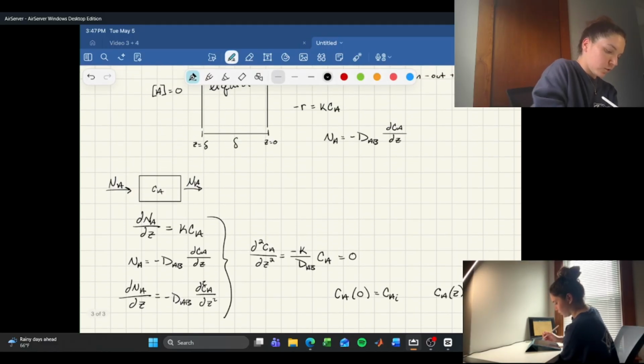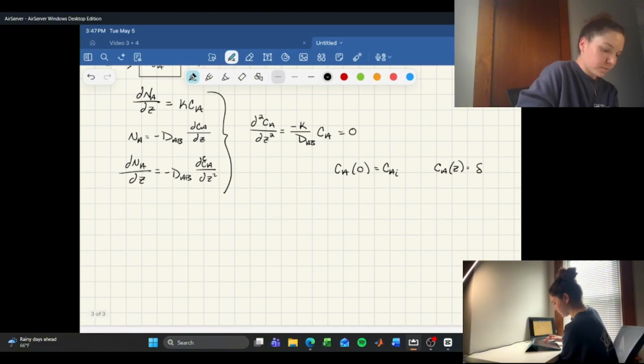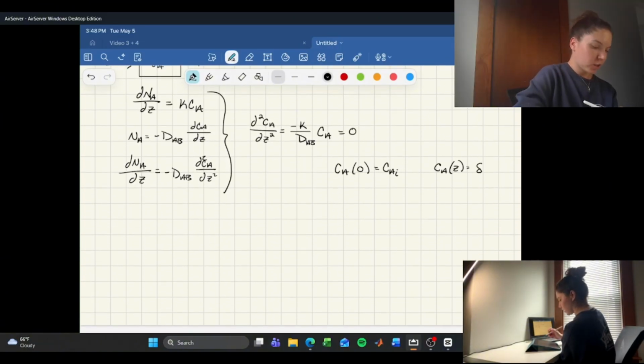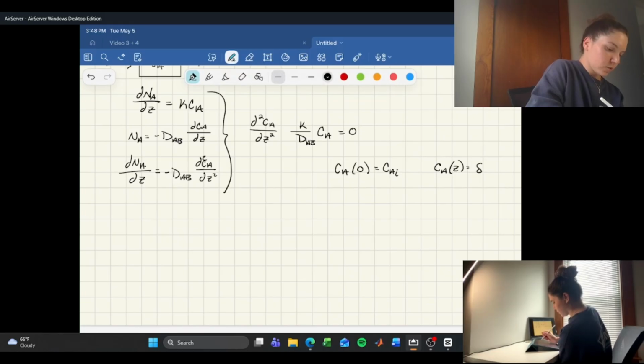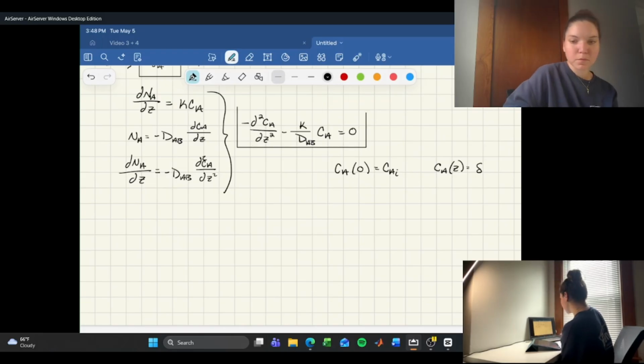That's going to be over at this side here. And then let me just rewrite this up here to be minus and minus, that way we have one uniform equation.